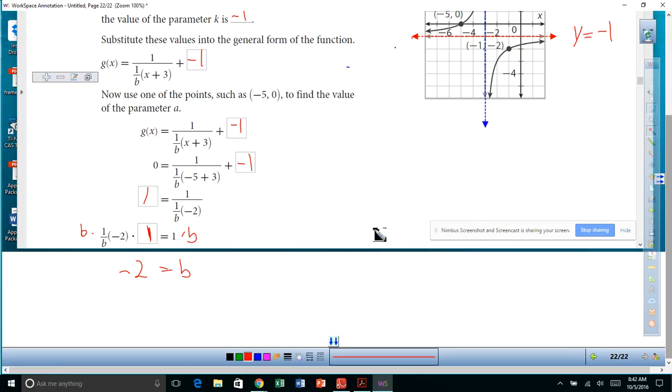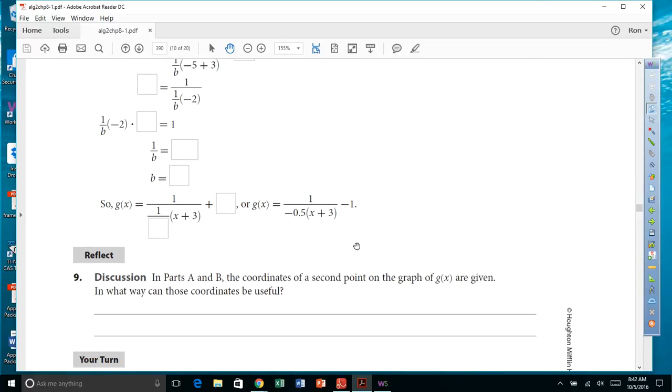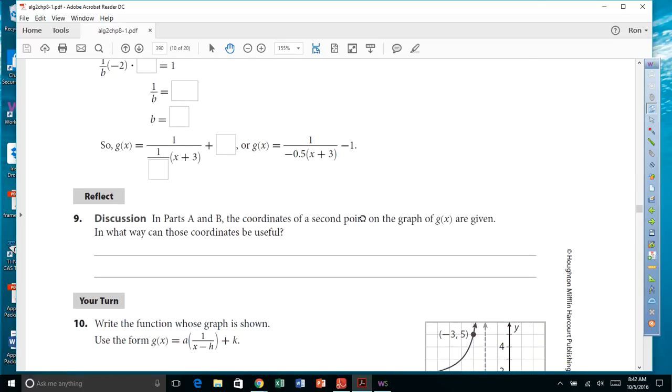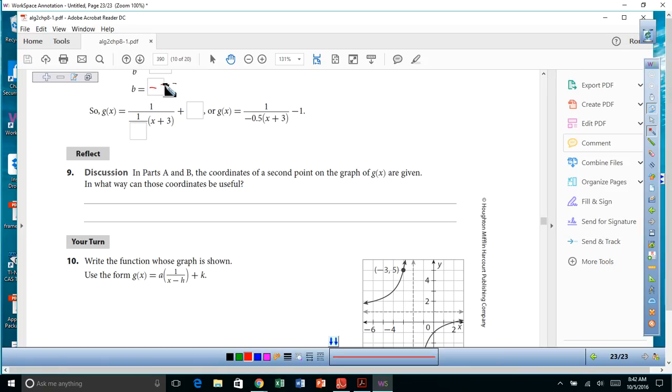All right, so b equals -2. So g of x is 1 over -2 plus, that's -1. So that's going to be -1/2.